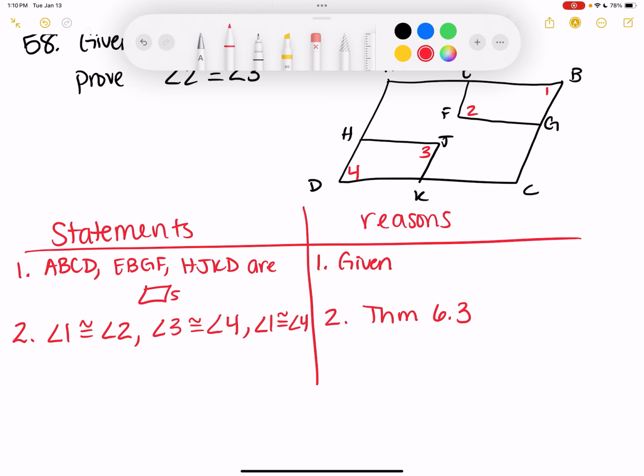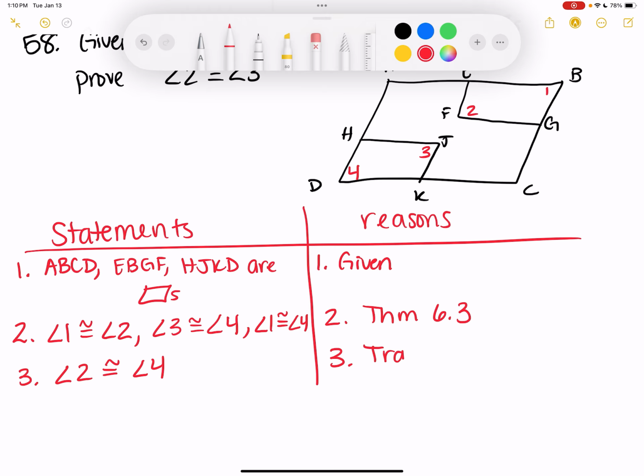So, I have this is congruent to this, I have this is congruent to this, and this one is congruent to this one. So what else can I now say? Angle 2 is congruent to angle 4 by what?